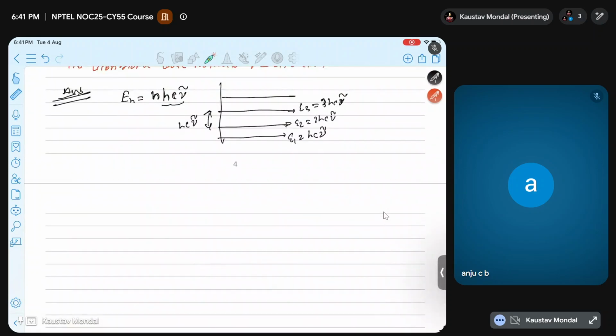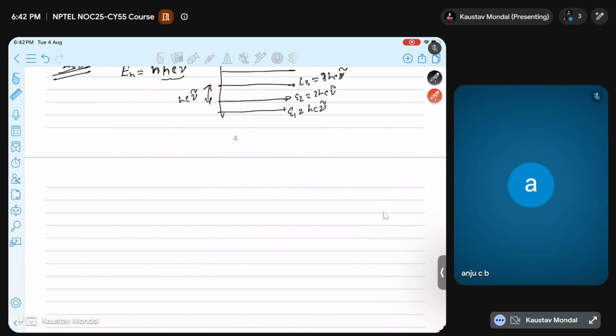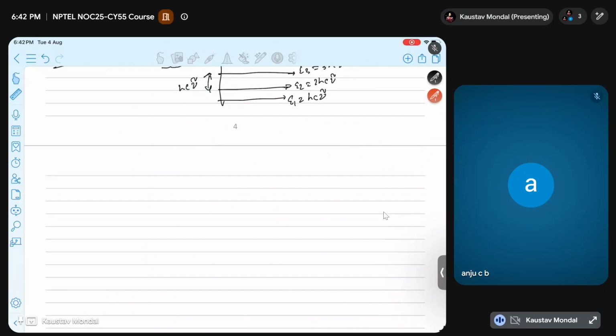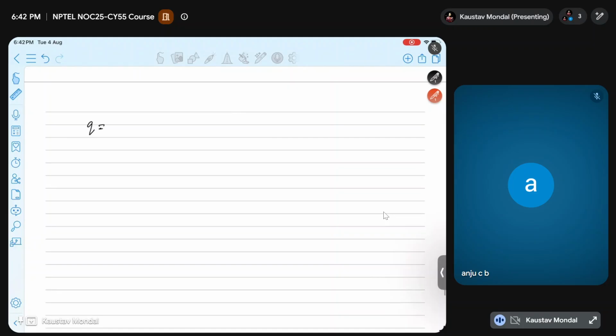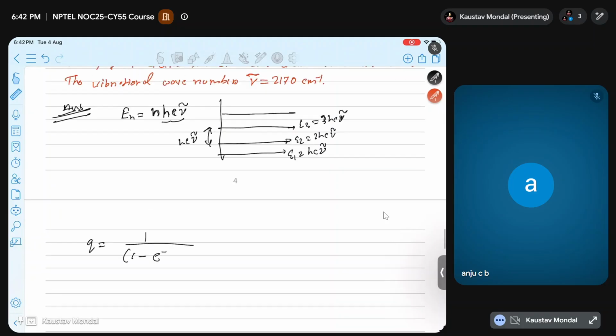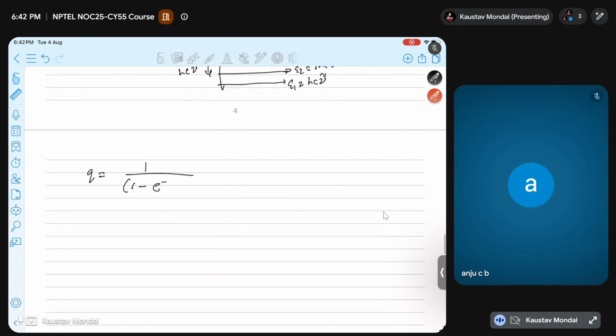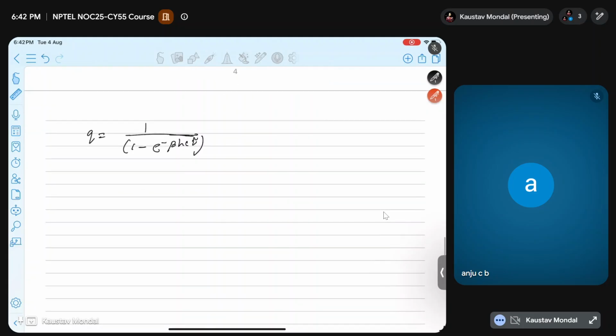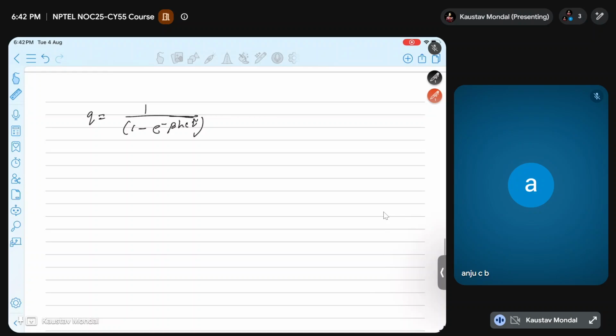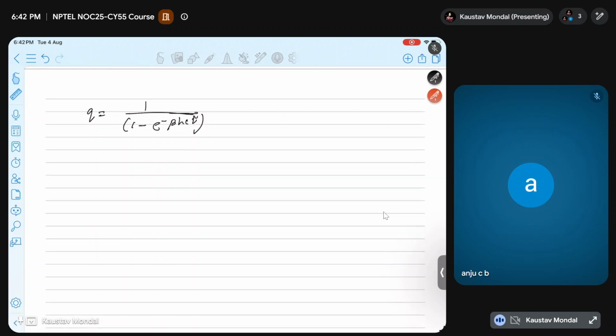Okay, so let's start. The partition function expression looks like this: 1 by 1 minus e to the power minus beta E. Here E is hc nu tilde, so the first thing we have to calculate is the value of E. The h value is known, the Planck constant.